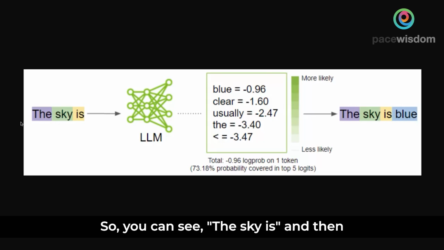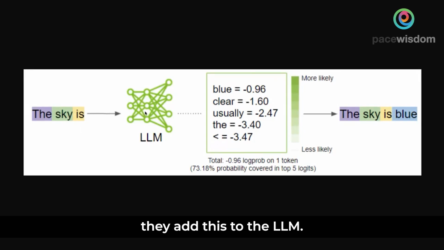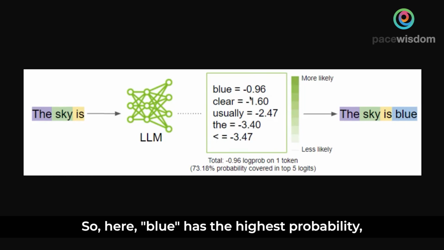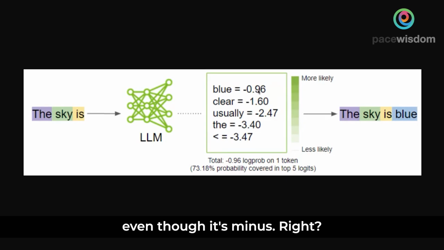You can see "the sky is", and they add this to the LLM, and based on whatever data this LLM has been trained on, there's a particular probability for the next word, right? It could be blue, it could be clear, it could be usual, and maybe this is end of line. Here blue has the highest probability, so the output is "the sky is blue."